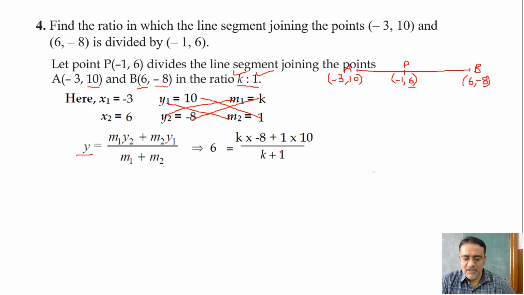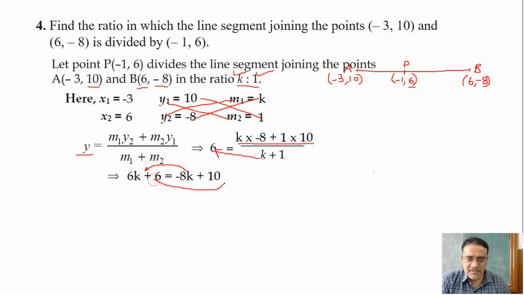Okay, so what we are going to get in the same step, while simplifying this one, we will cross multiply this also. So cross multiply करेंगे तो क्या मिलेगा, 6k plus 6, and here minus 8k plus 10. Okay, now shift minus 8k to this side and 6 to this side.